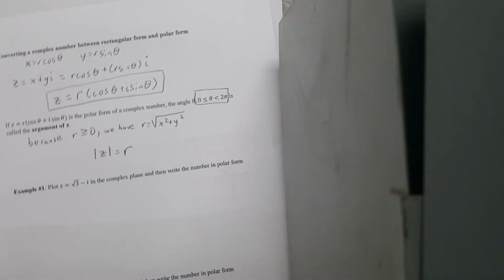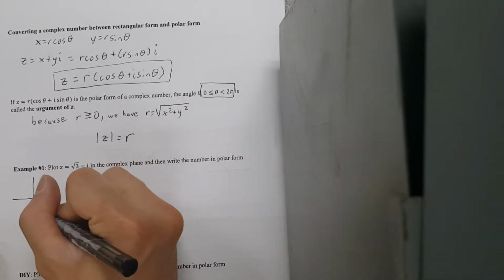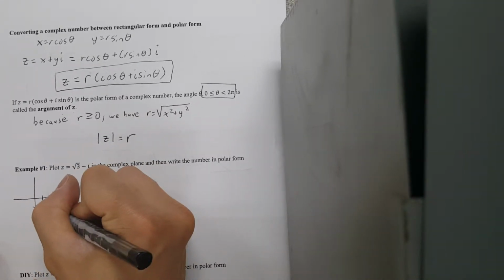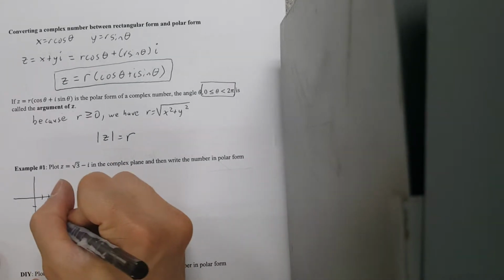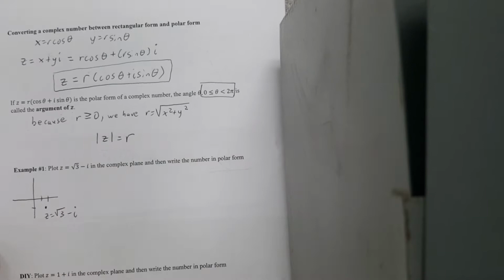Oh no, it's root 3 plus i. So if I want to do root 3 minus i, root 3 is around 1.7, and minus 1 is here. So this is z is equal to root 3 minus i.